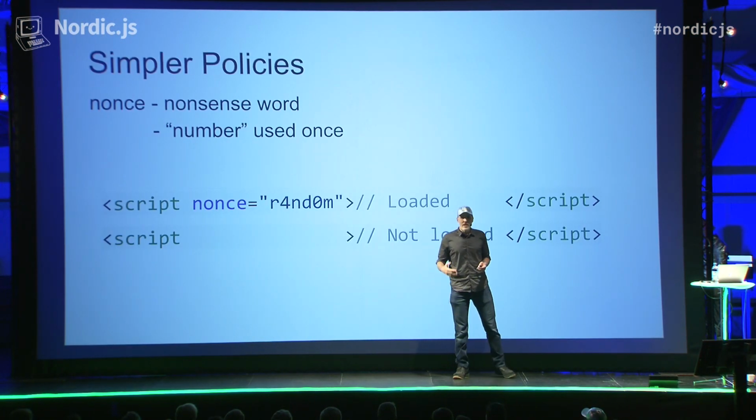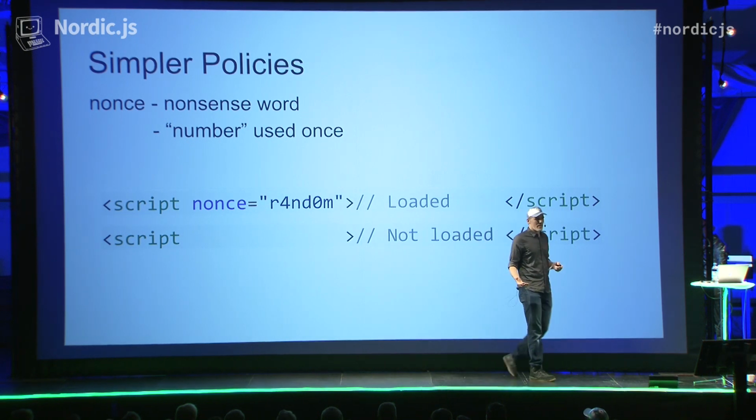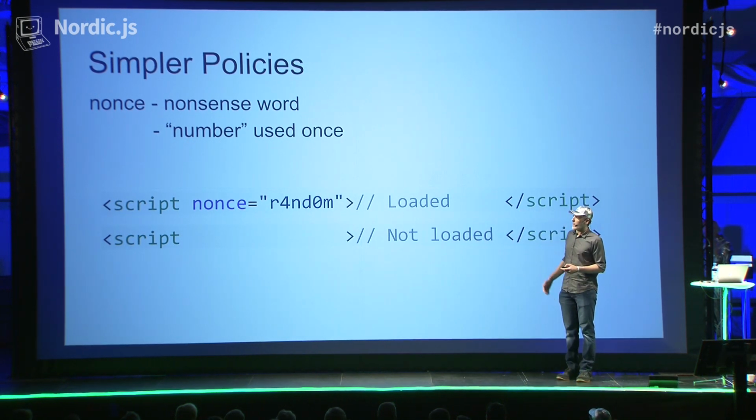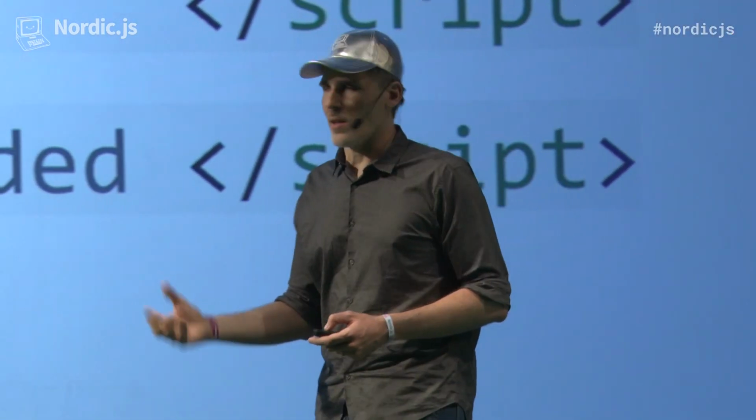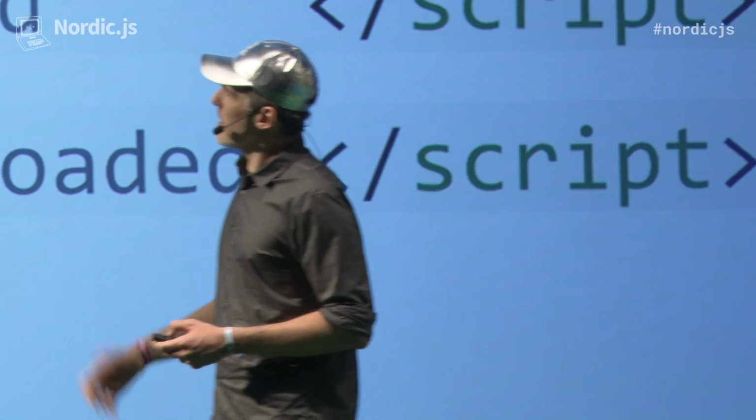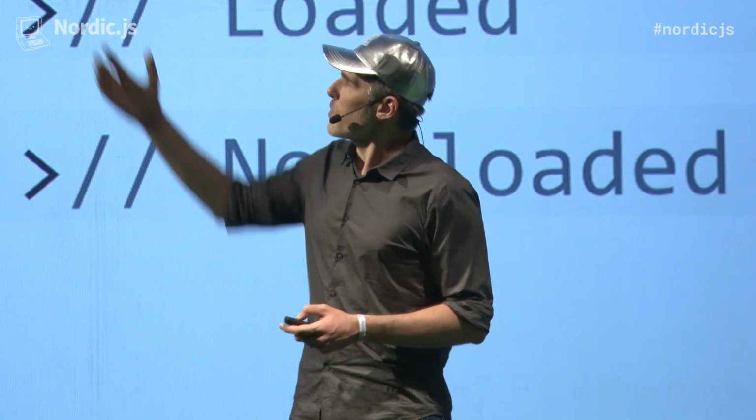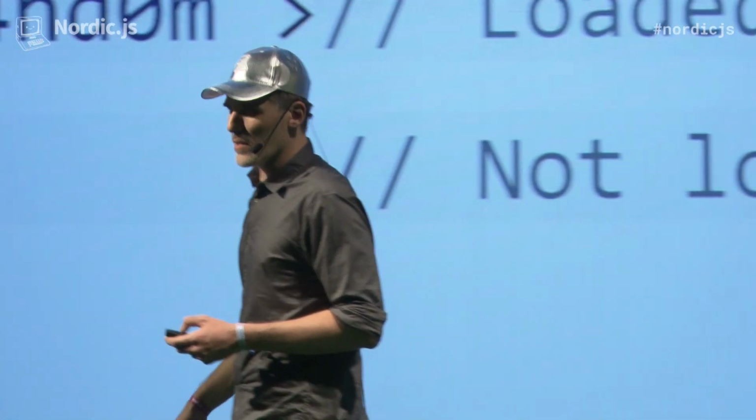So they suggested a way to come up with simpler policies. Instead of listing all the sources you want to allow and having to trade off between having a narrow policy that's secure and having a short policy that's maintainable, just generate an unguessable number, a nonce.